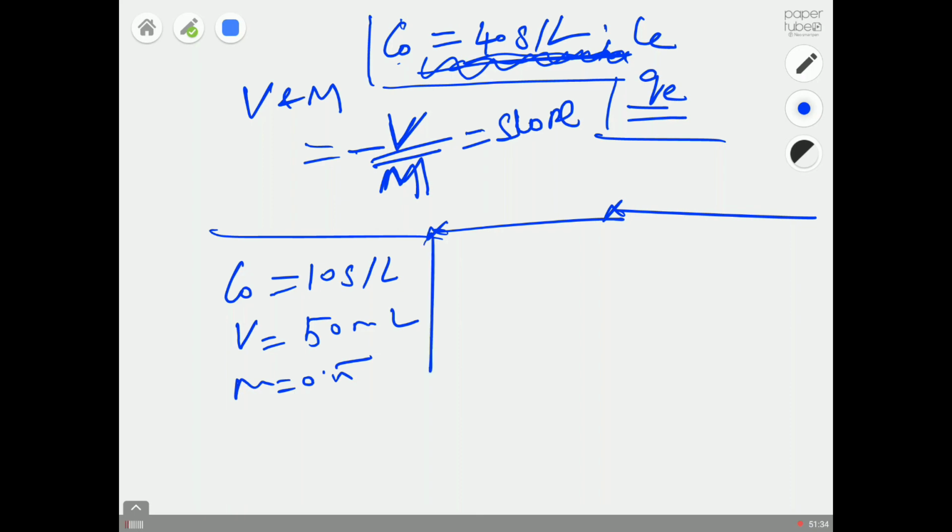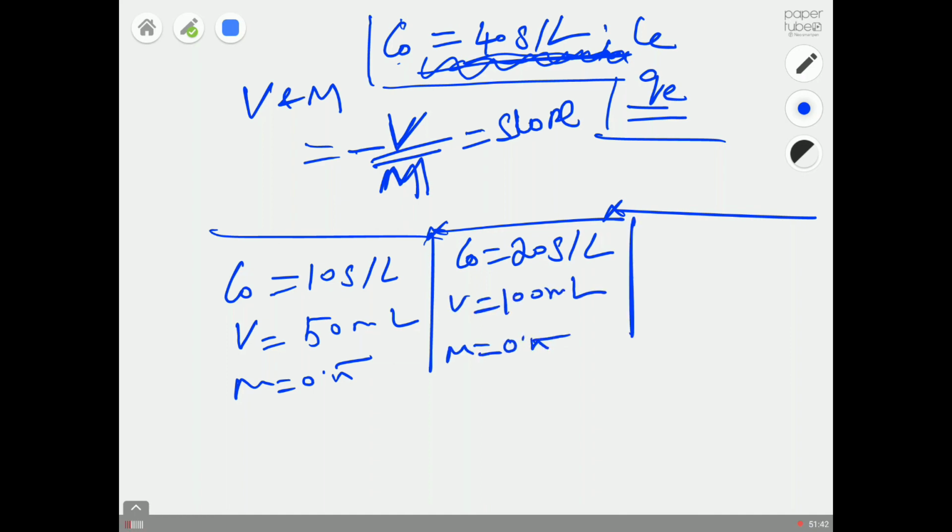Or you do another experiment, C0 of 20 grams per liter, volume 100 ml, mass 0.5 gram. Or another experiment, C0 of 30 grams per liter, this time volume of only 25 ml and a mass of 0.1 gram.